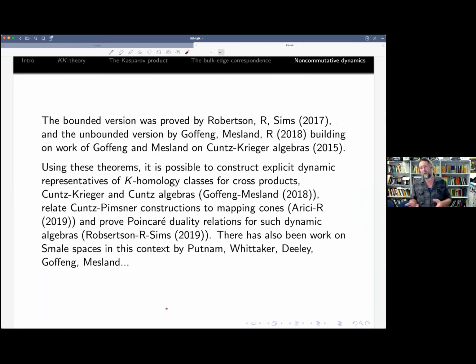So in the Cuntz-Krieger setting, they looked at the groupoid picture and the Deaconu-Renault groupoids. And these are built from shift-tail equivalence. Essentially, there are two parts to the shift-tail equivalence: how far apart two things are, and how far along the sequence you have to go before they become a constant distance apart.